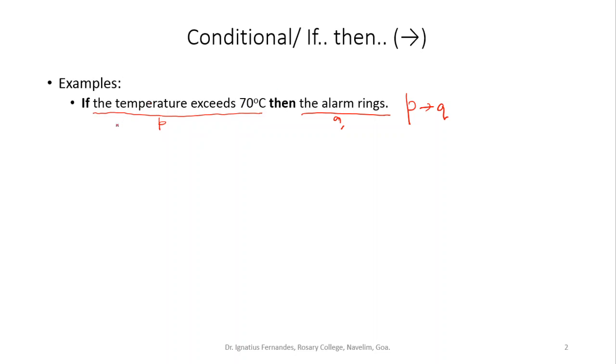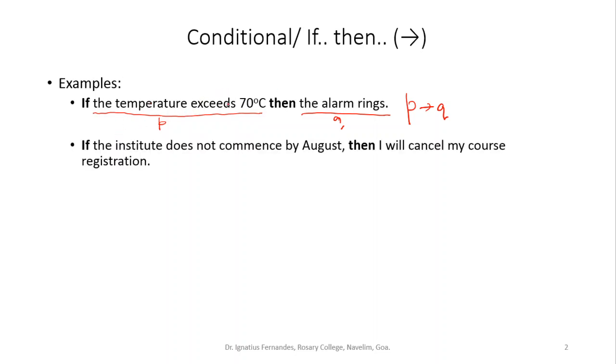The second example we may consider is this. If the institute does not commence by August, then I will cancel my course registration. Here also is an example of a compound statement where there is if and then involved, a conditional connective.